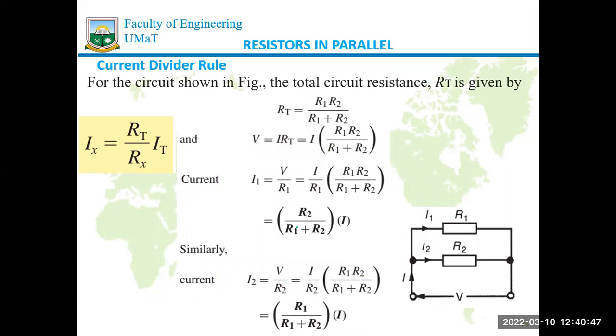So in line with that, there is a common rule that can be used to find the amount of current in a particular branch.